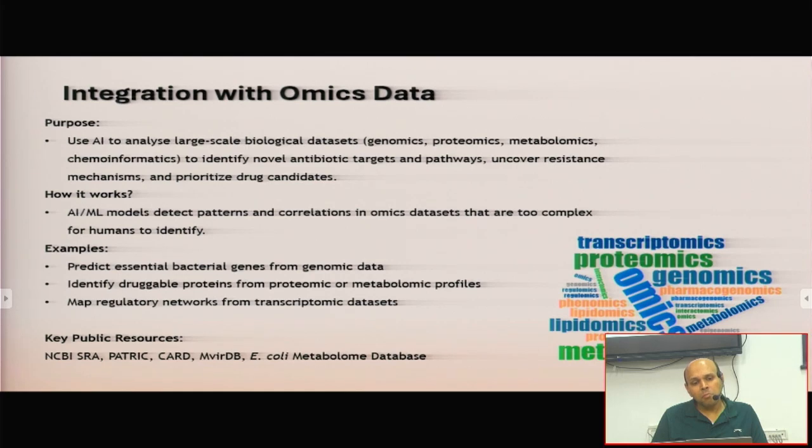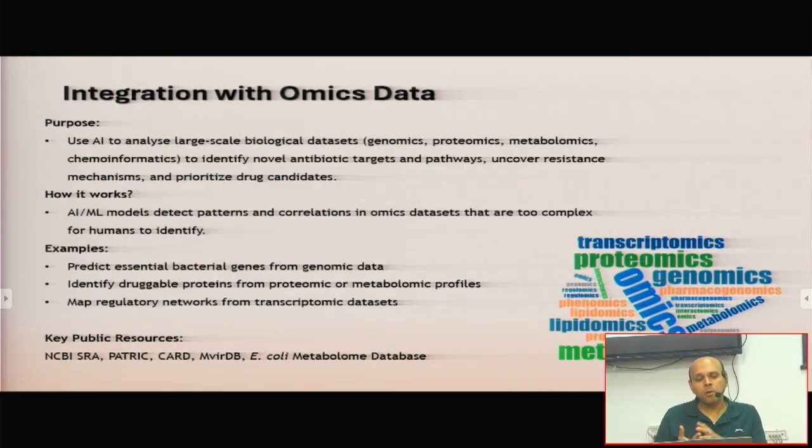AI ML models detect patterns and correlations in omics datasets that are too complex for humans to identify. Examples of that are: predict essential bacterial genes from genomic data, identify druggable proteins from proteomic or metabolomic profiles, map regulatory networks from transcriptomic datasets.